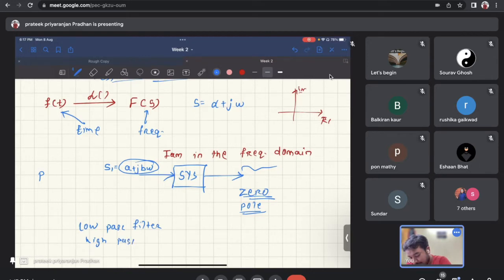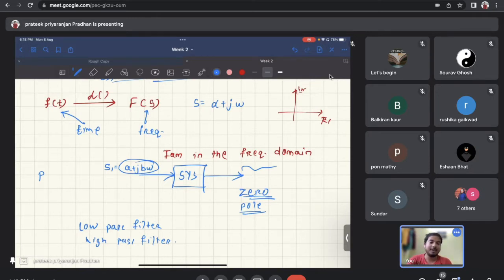This is not regarding this course. I want to give you the feel of what poles and zeros are, because poles and zeros will be coming to you frequently in this course, so you get the idea of what they are and why they are useful.